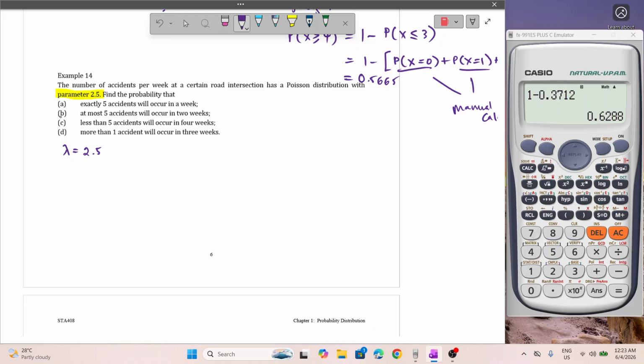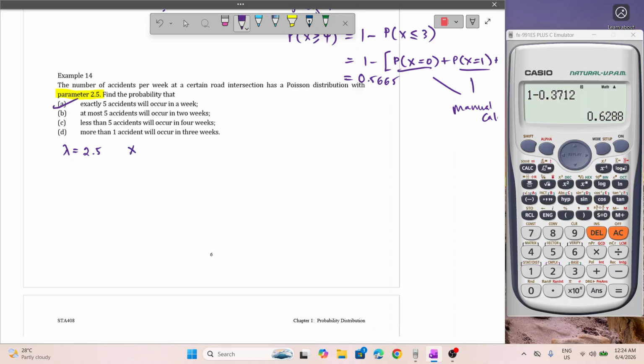Okay, now let's do question A: exactly 5 accidents will occur in a week. By the way, before that, we can also rewrite the question like this.